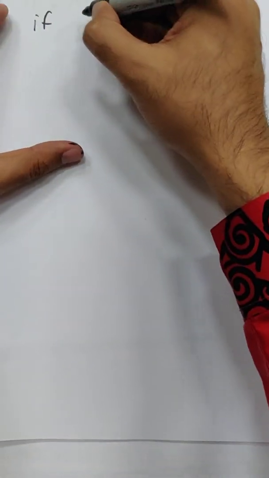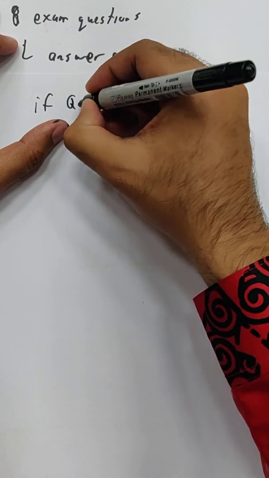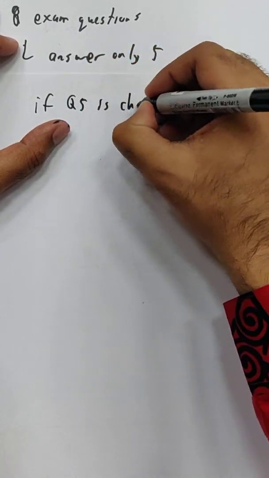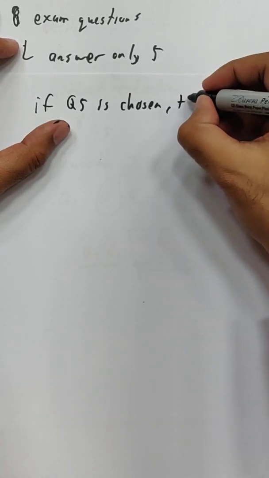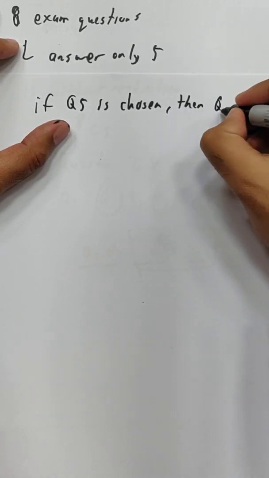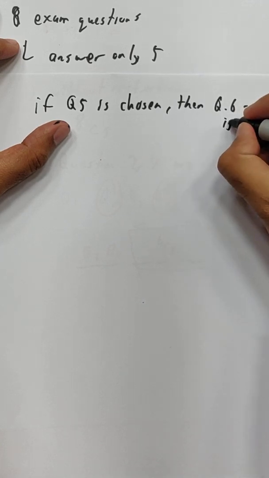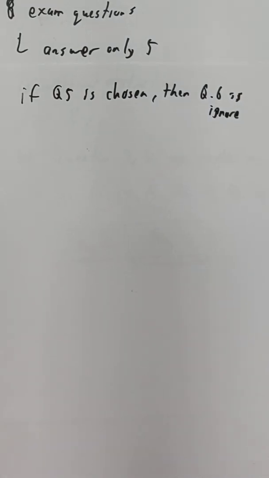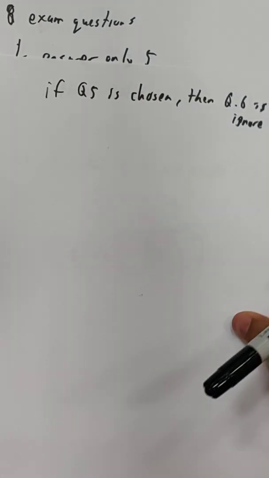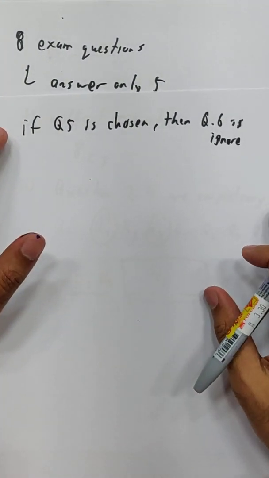If question 5 is chosen, then question 6 is ignored. So how are you going to calculate this one? You need to do 2 cases. One is when question 5 is chosen, another one is question 5 is not chosen.